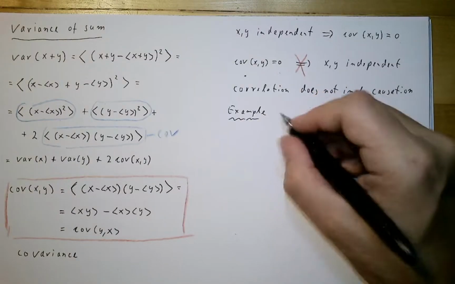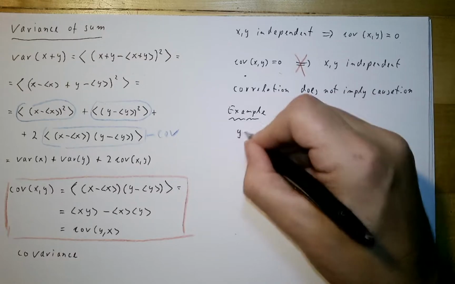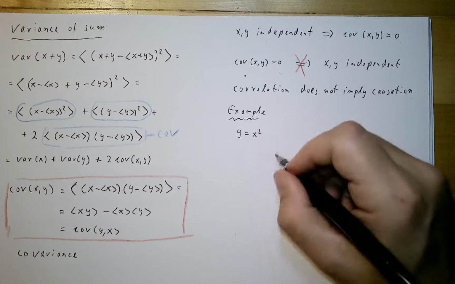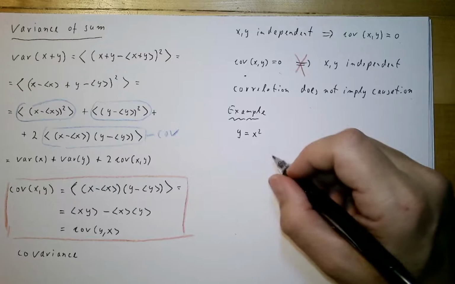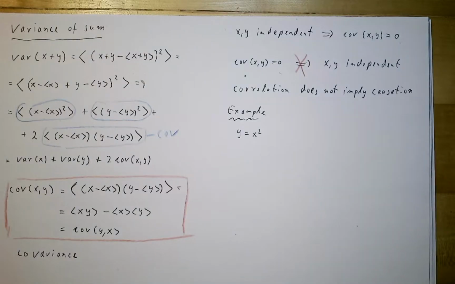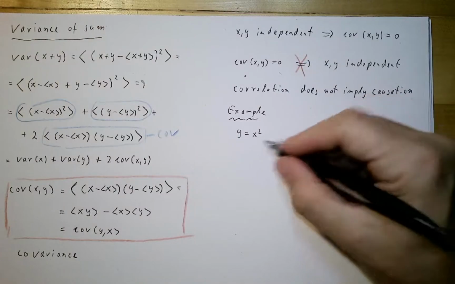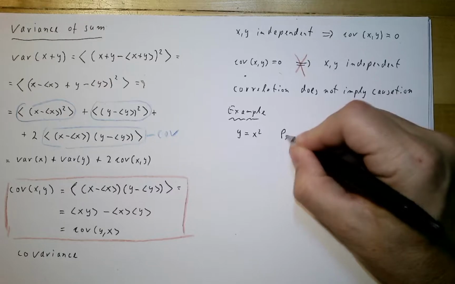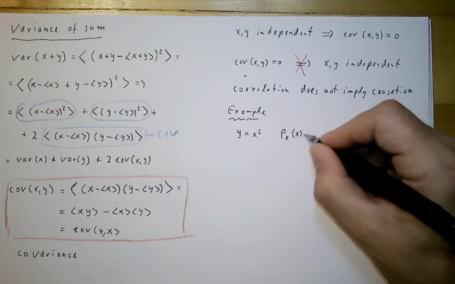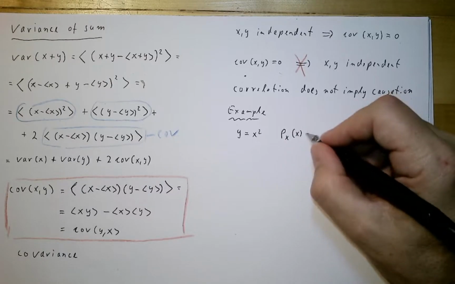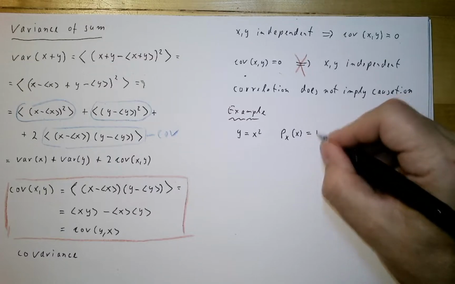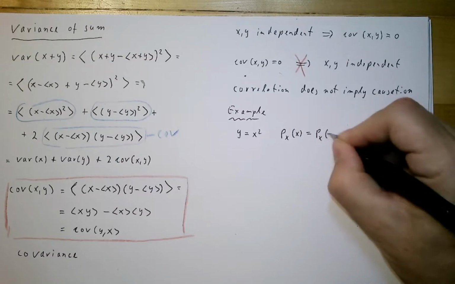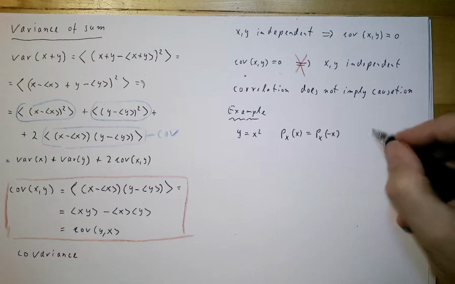Let's take y equals x squared. Now assume that we have the marginal distribution p_x of x. This should be symmetric. This is the same as p_x of minus x.